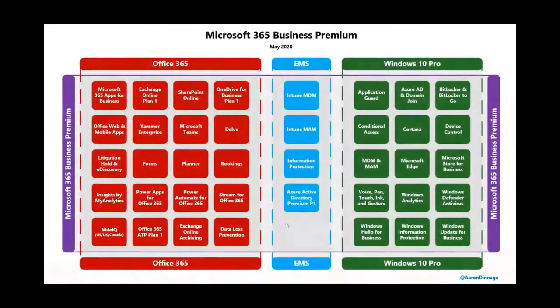So this is the Microsoft 365 Business Premium SKU, and what he does is, he breaks down what's in that SKU into little tiny tiles, and then groups those tiles according to which product they belong to, right? So Office 365, Enterprise Mobility and Security, and Windows 10, and you can see all the individual things included in those. So it's pretty cool, and he also keeps them up to date. So this one was last updated May 2020, not that long ago.